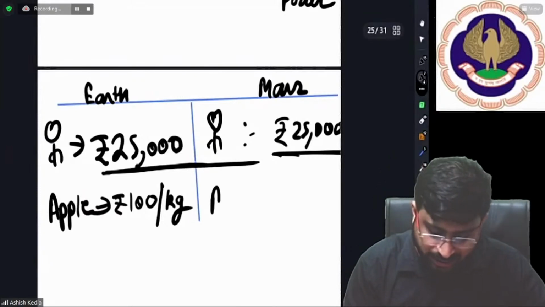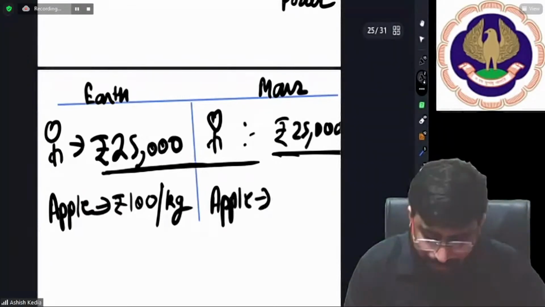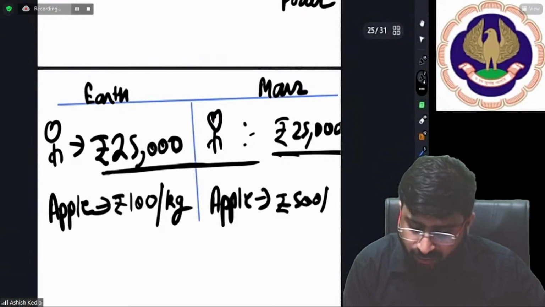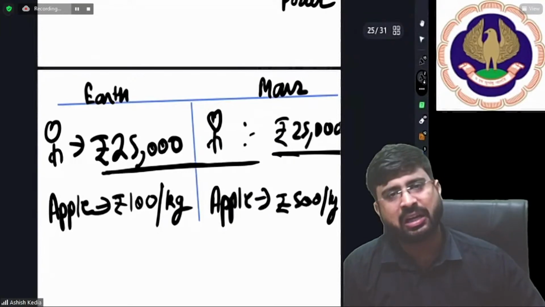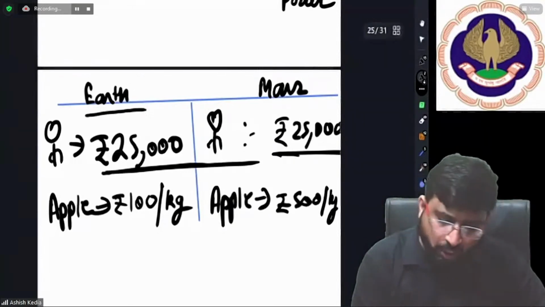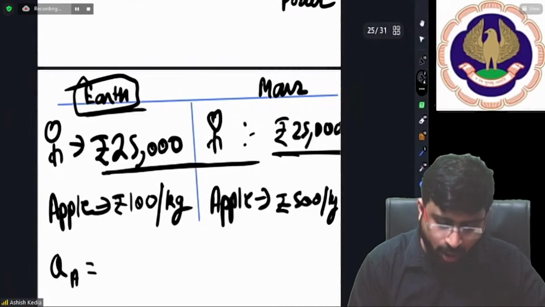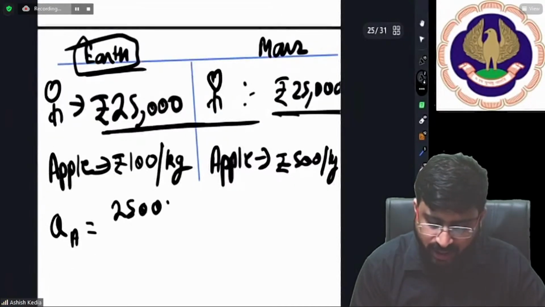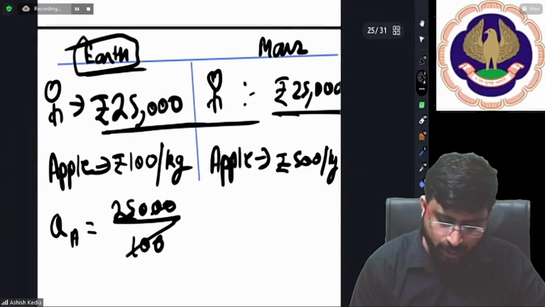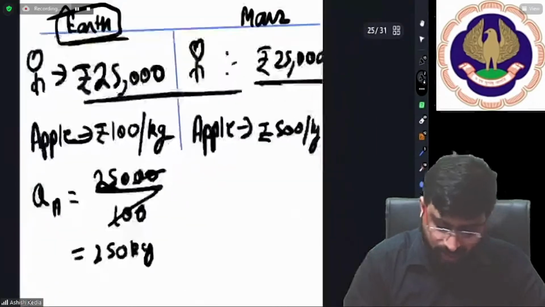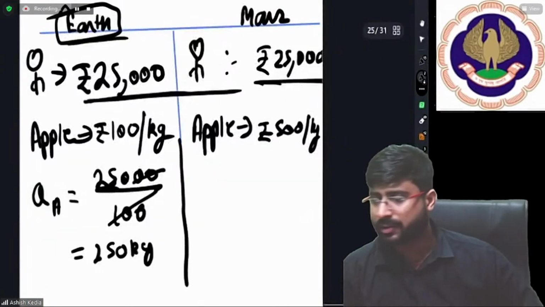On Mars, let's say the apple costs 500 rupees per kg. Now can you tell me, this person on Earth, what quantity of apples can he buy? Obviously you will tell me, sir, 25,000 entire money spent on apples, so 250 kgs of apples can be purchased by this person on Earth, right?